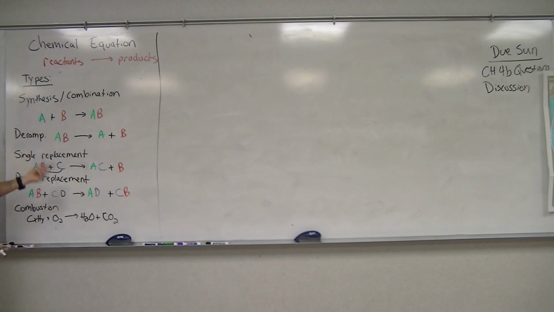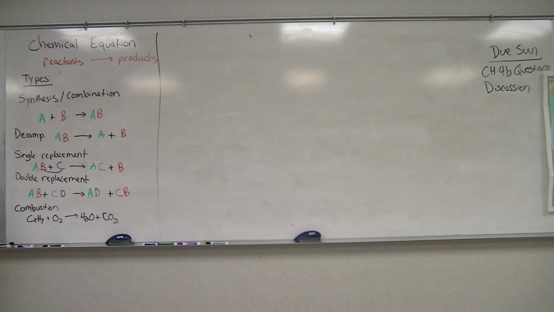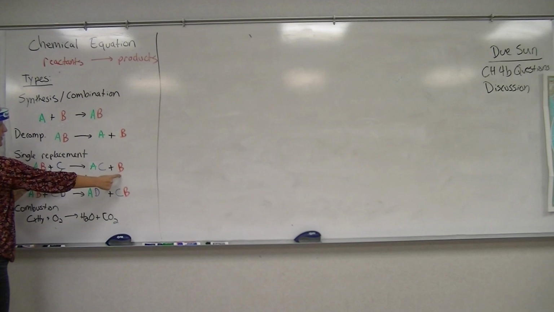But since it kicked B out of its spot, now B is by itself. To recognize this one, you're going to have a compound with an element by itself on both the product and reactant side. It's just that the element by itself is going to be different on both sides.